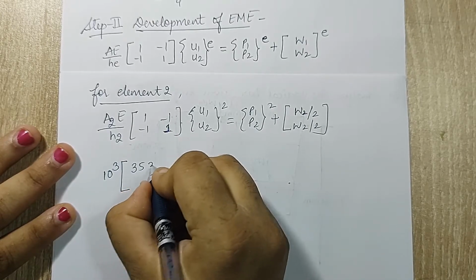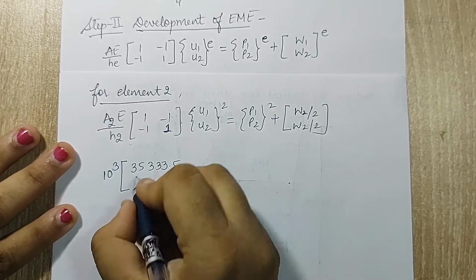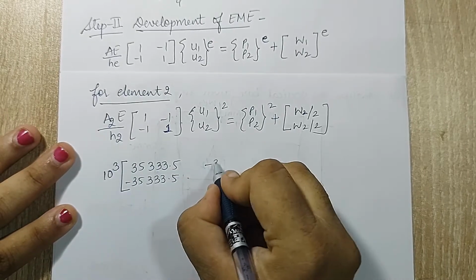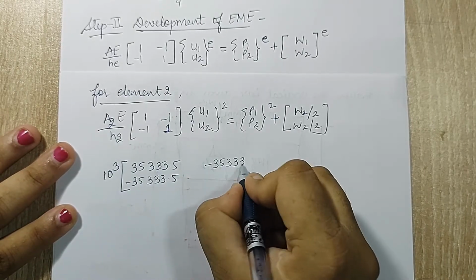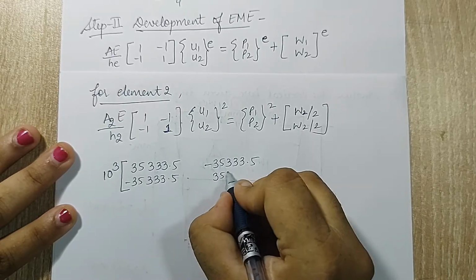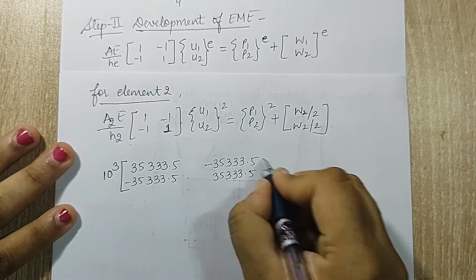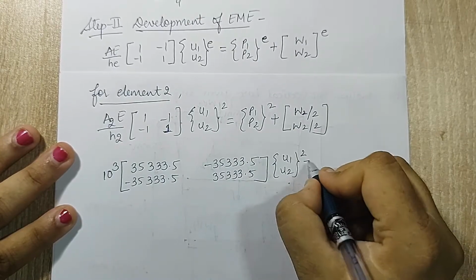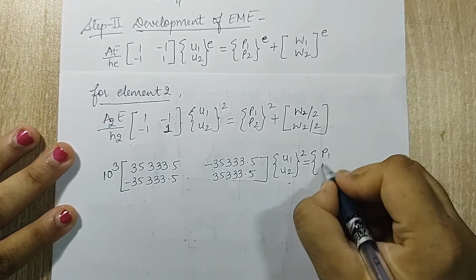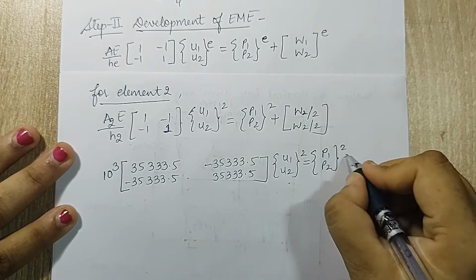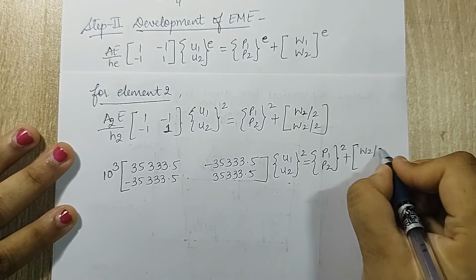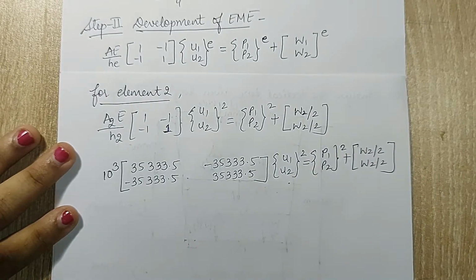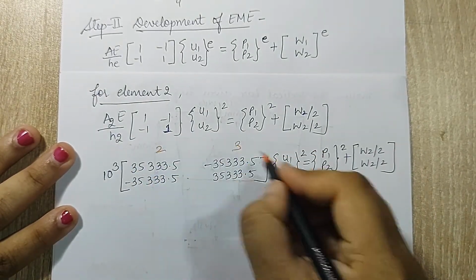I get 35333.5. Element 2 is between node 2, 3.